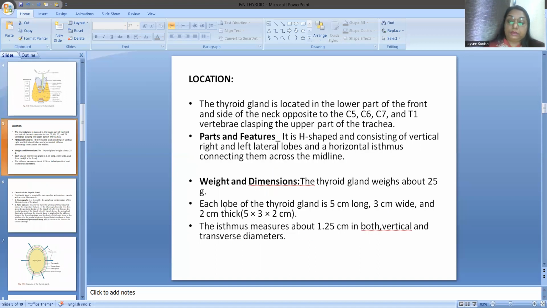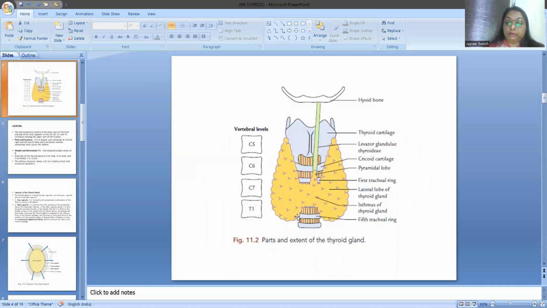Now we will see the parts and features. It is arch-shaped, consisting of vertical right and left lateral lobes and a horizontal isthmus. We can see this is the vertical part and this is the horizontal part, called the isthmus, because it connects both these vertical parts.